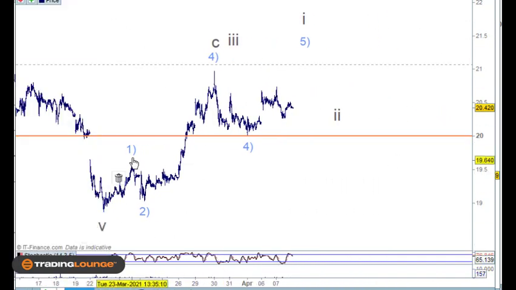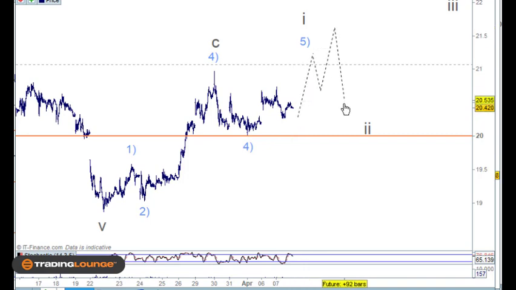Currently the move up here could be an ABC pattern up here. We can put that over there. So we want to see this looks impulsive here as 1 and 2 and 3, 4 and 5. So 3, 4 and 5 here. And then the ABC pattern here for this. And then up again from there. So that's the pathway that we're looking for here.